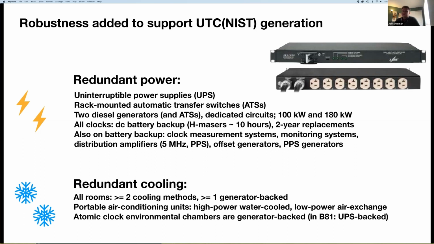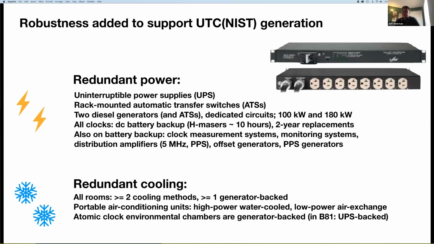We deploy 2 diesel generators and automatic transfer switches and dedicated circuits for our group that is independent both from the life support, like air and emergency lighting support of the building. All of our atomic clocks have DC battery backup. In particular, the hydrogen masers will live for about 10 hours on their batteries, and we cycle all the batteries preventatively on a 2-year rotation schedule.